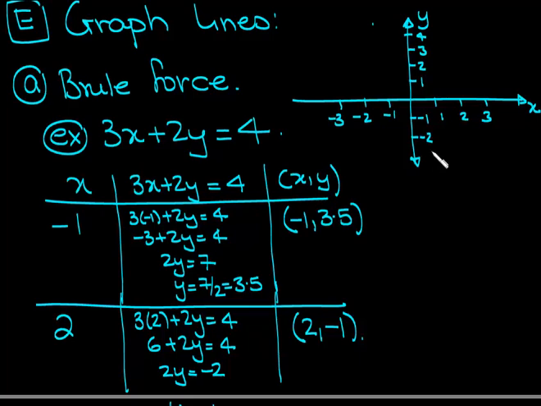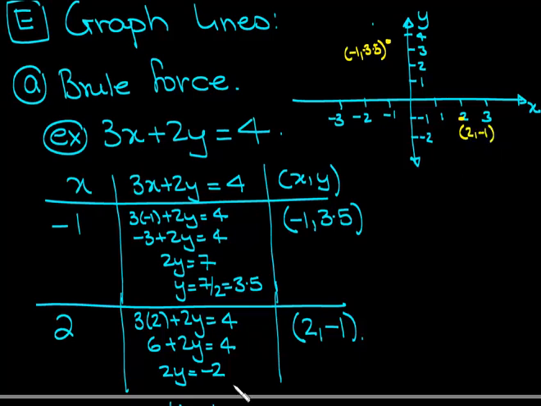Okay, so let's see. I need 2 points. The first point is minus 1 and 3.5. That looks like over here. Okay, so you should always label them. So this is minus 1 and 3.5. Okay, the second point is 2 and minus 1. That looks like this point.